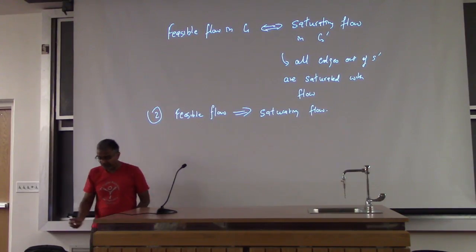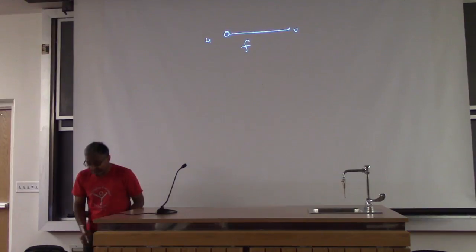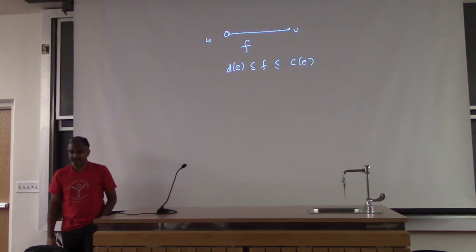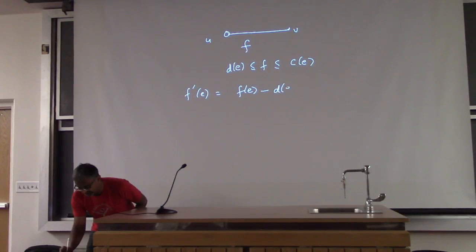So in particular, if you look at any edge e = (u,v), it has some flow in the original graph. And since it's feasible, we know that d_e is less than or equal to f_e, which is less than or equal to c_e. So let's define F prime of e equal to f of e minus d of e.